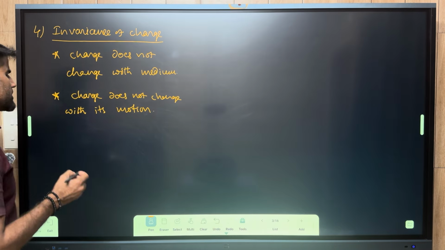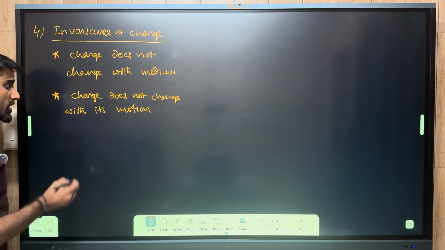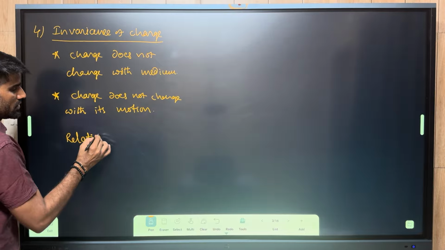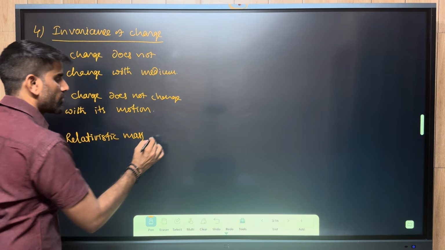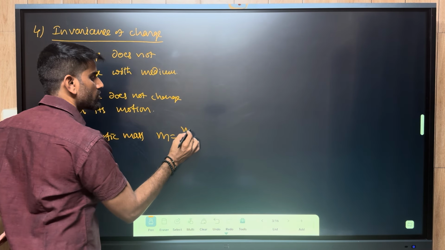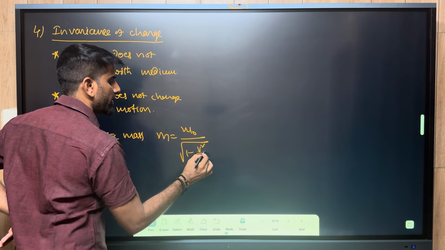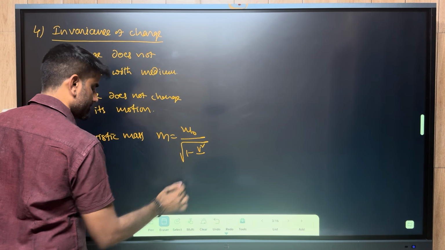So Einstein has defined the relativistic mass formula, which is m is equal to m naught upon root over 1 minus v square by c square.